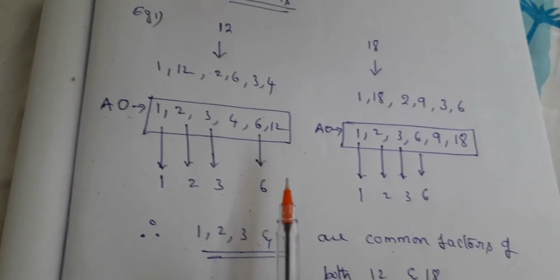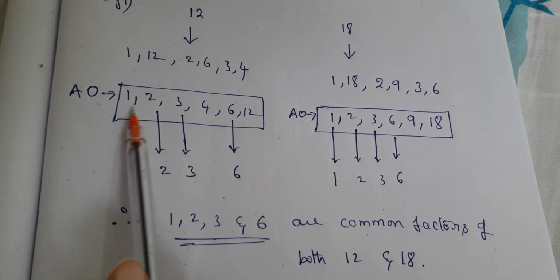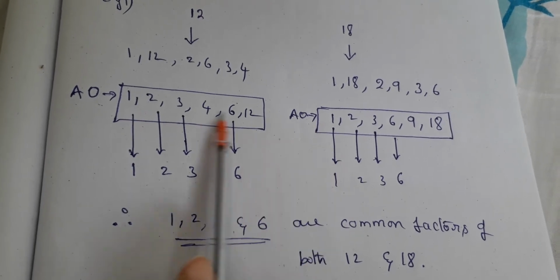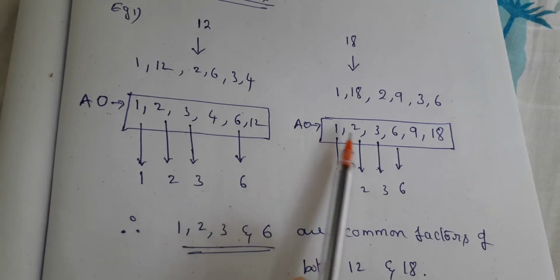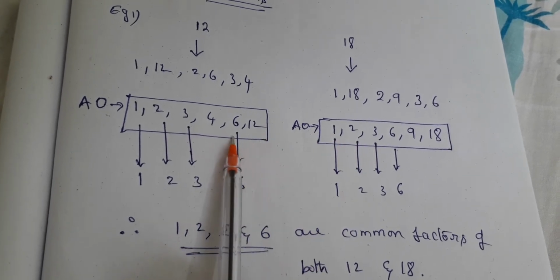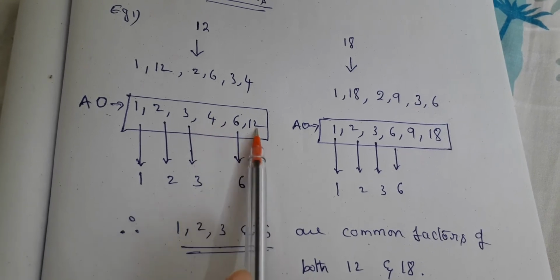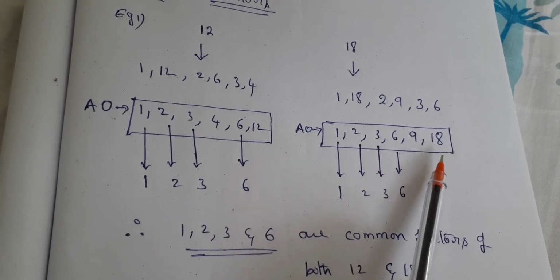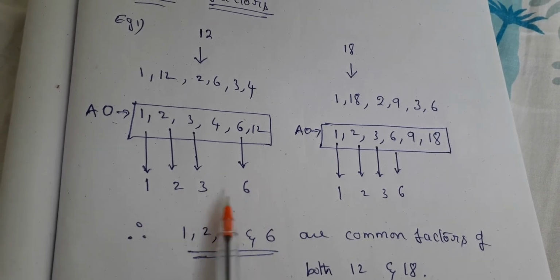Now we are going to look at common factors. Here 1 is common, here also 1. Here 2 is common, here also 2. 3, here also we have 3. Here 6, here 6. But the ones which are not common are 4 and 12 here, and 9 and 18 here. So what are the common factors that we got? 1, 2, 3, 6.